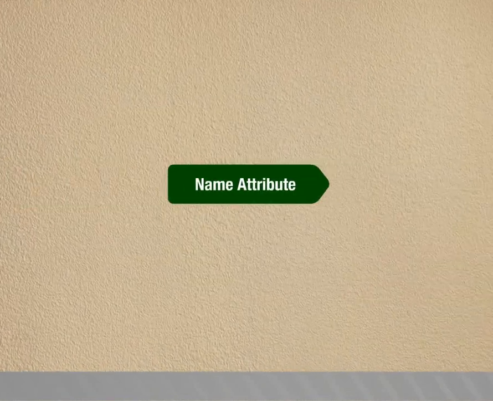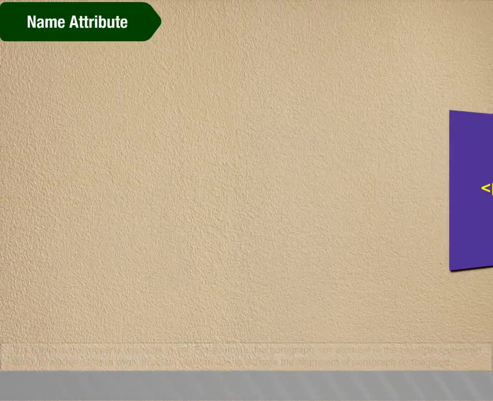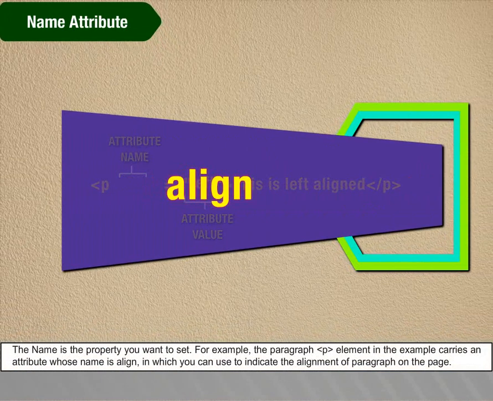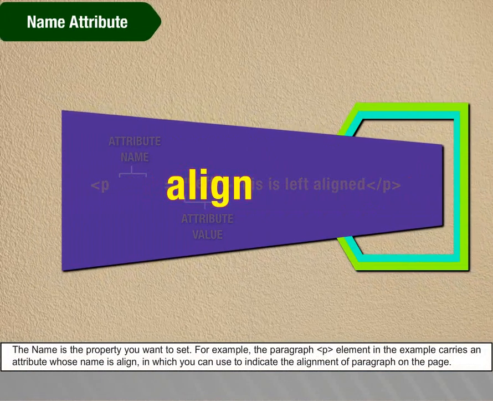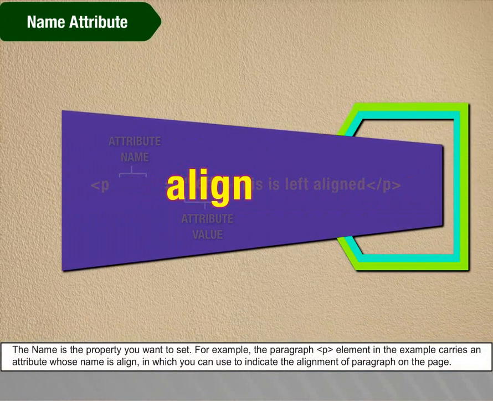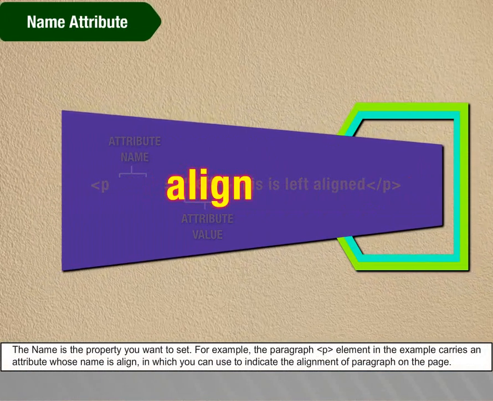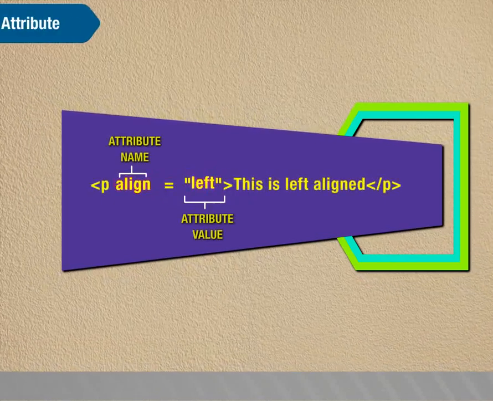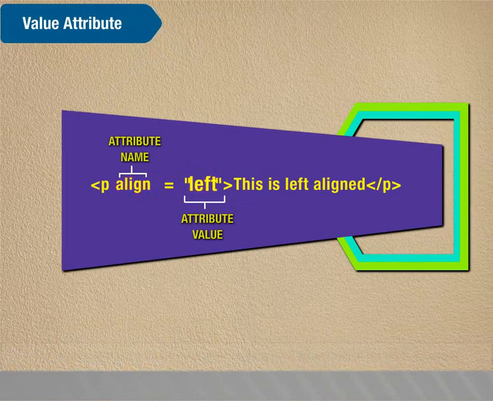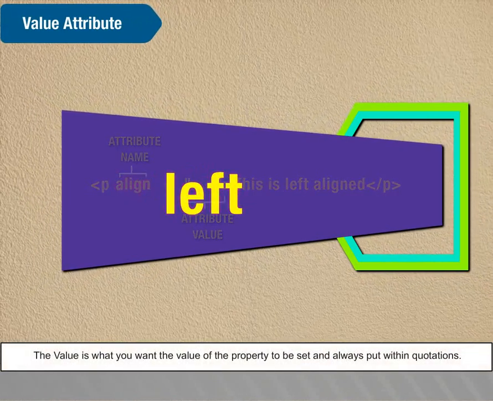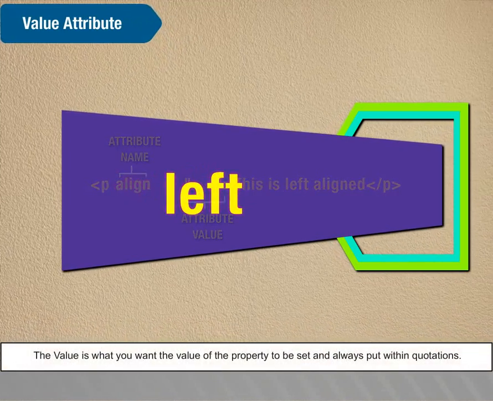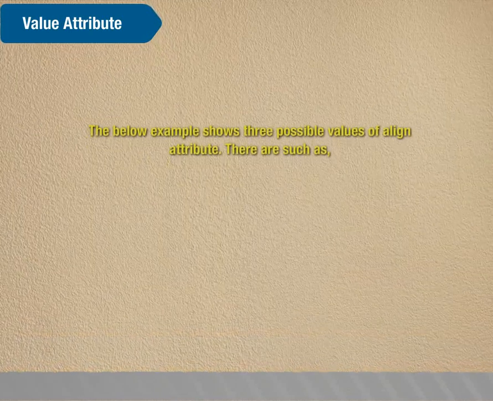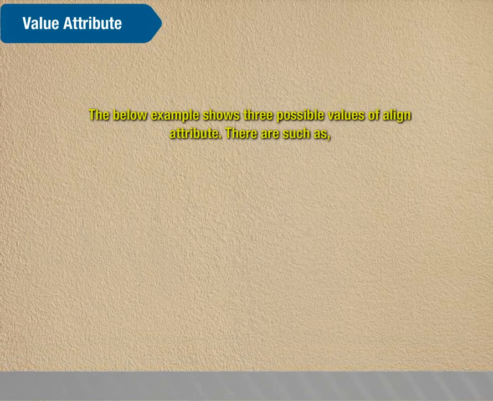Name attribute. The name is a property you want to set. For example, the paragraph P element in the example carries an attribute whose name is align, which you can use to indicate the alignment of paragraph on the page. Value attribute. The value is what you want the value of the property to be set and always put within the quotations. The below example shows three possible values of align attribute.